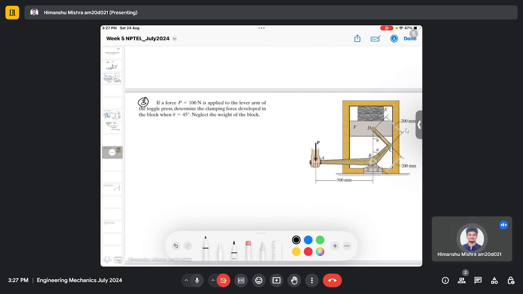virtual displacement. So in this problem, we are given a force P, which is 100 Newton, applied to the lever arm of the toggle press. Determine the clamping force developed in the block when theta equals 45 degrees. Neglect the weight of the block.